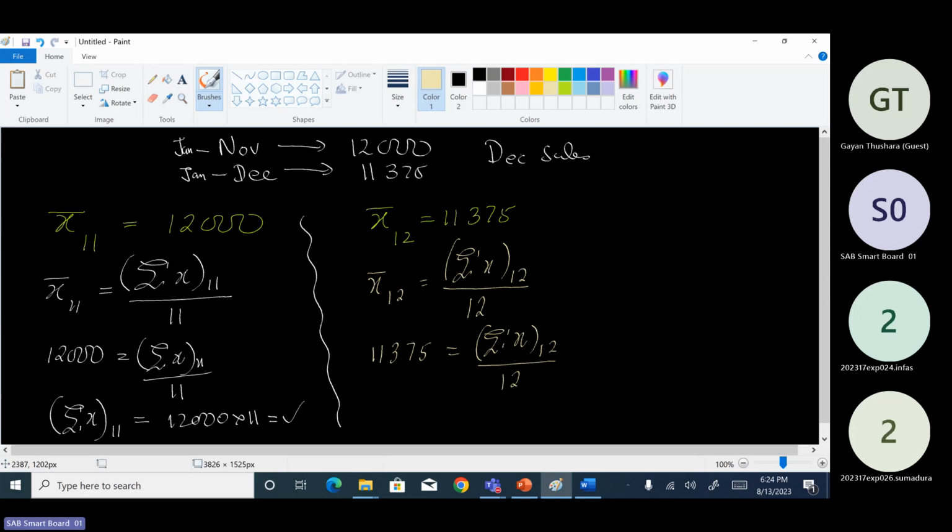So from this we can find the 12-month total sales. So sigma x 12 is 11,375 into 12. So this gives us the 11-month total sales, and this gives us the 12-month total sales. If we get the difference, we get the last month's sales.